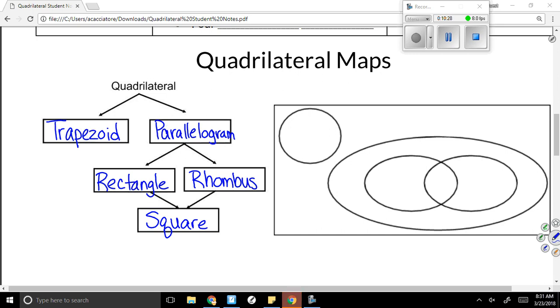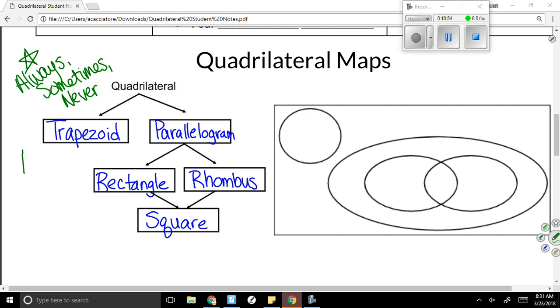So the reason that I like this map is because it really helps us with our always, sometimes, never questions. So anytime you see a question that has to do with always, sometimes, or never, or having to fill in those blanks, this is a really good tool to help you.